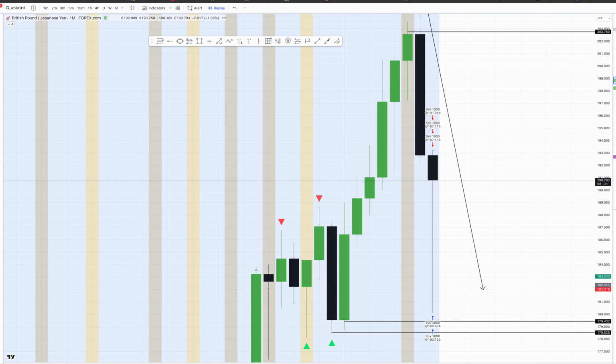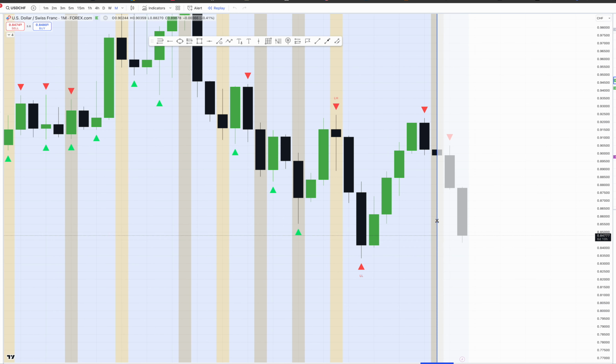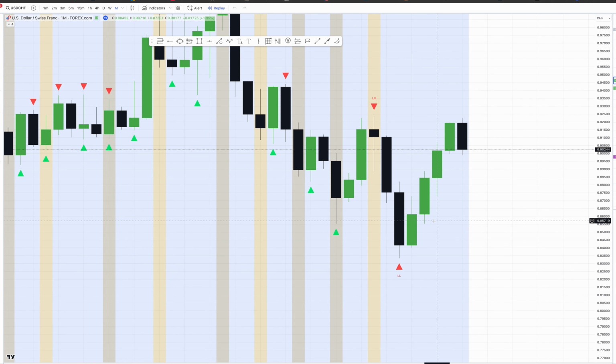Let's do USD-CHF. It's not a bad idea. Right. If I go, here we go, rejection block formed. So we know that we're bearish. This is a bearish scenario.